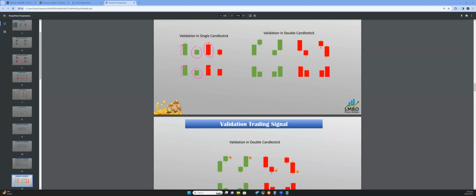The red big candle, big volume. Small candle, small volume. They all are matching. It is a validation in a single candle. It means if this candle is normal strong and the volume is matching, this is a real normal strong candle. If this candle is small but shows strength and the volume is matching, it shows the strength.